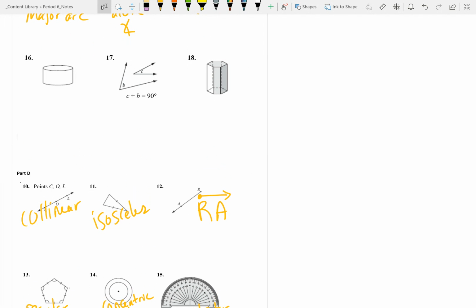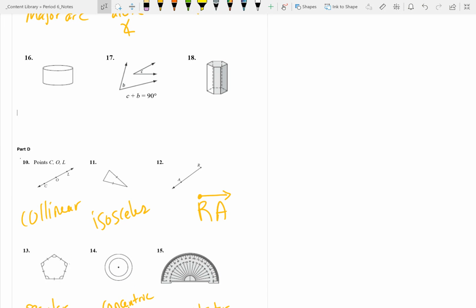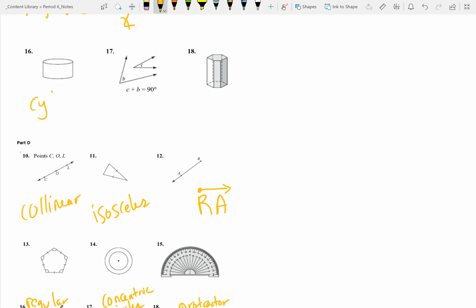Beautiful. Okay. This is a cylinder. These are complementary angles. They add to 90. This is a prism with a hexagon base, so hexagonal prism.